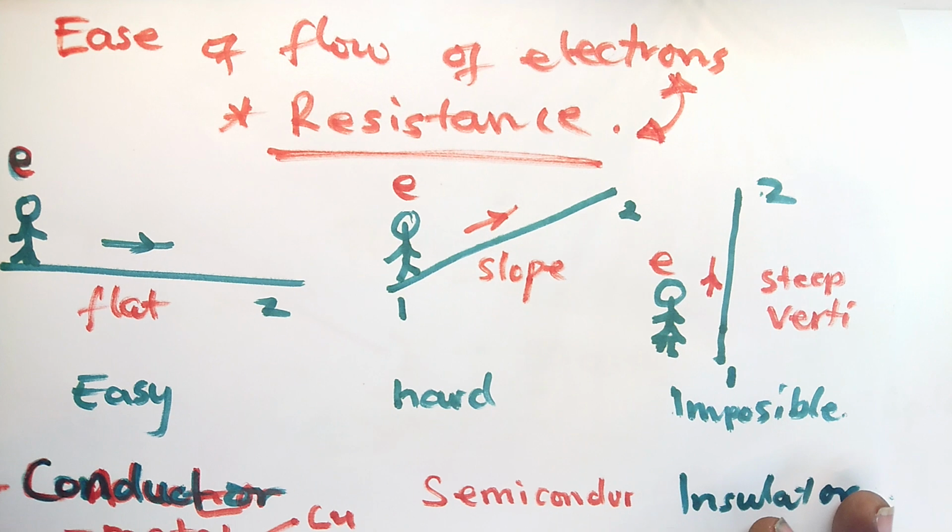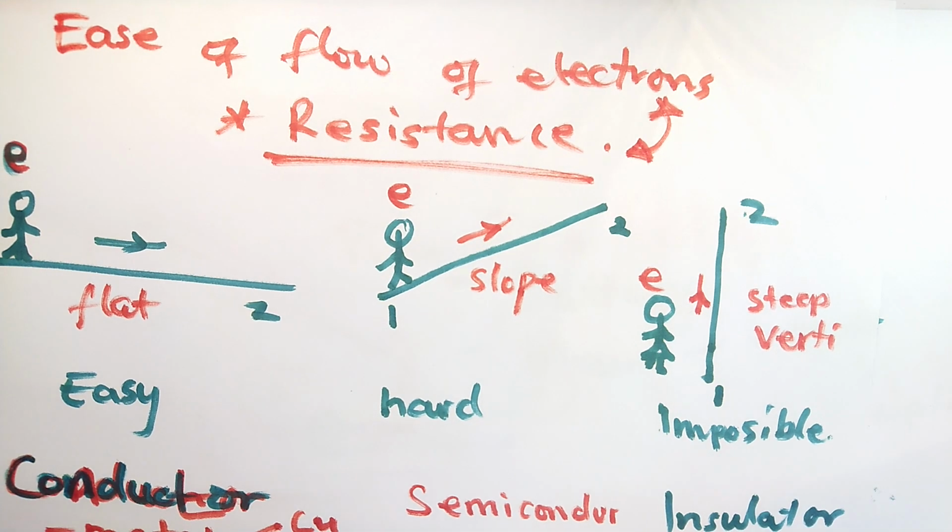Now I have mentioned insulators before in the previous videos, and I am going to list them before I list semiconductors. Now insulators, these clearly, electrons don't flow through them.